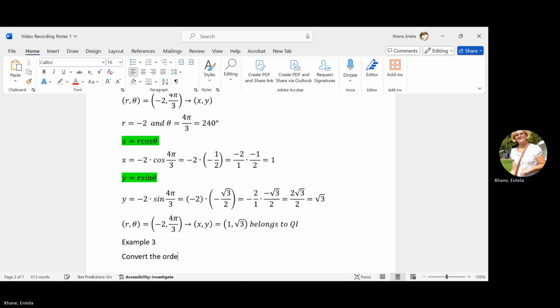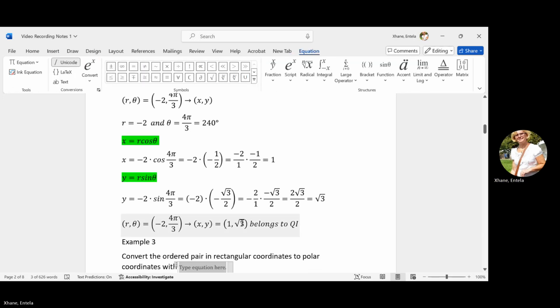So convert the ordered pair in rectangular coordinates to polar coordinates with r being positive, and angle theta being an angle between 0 and 2 pi. So that's the given information.